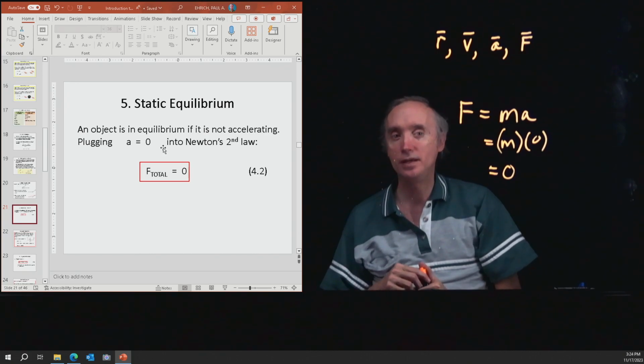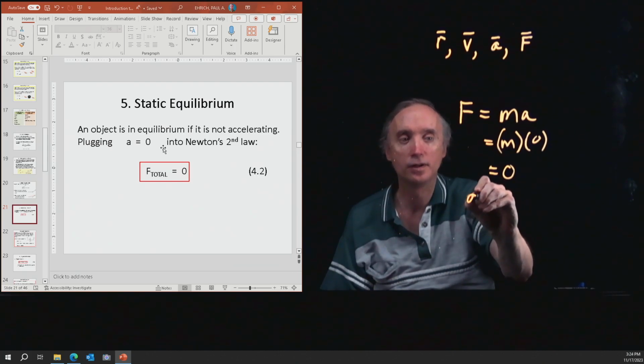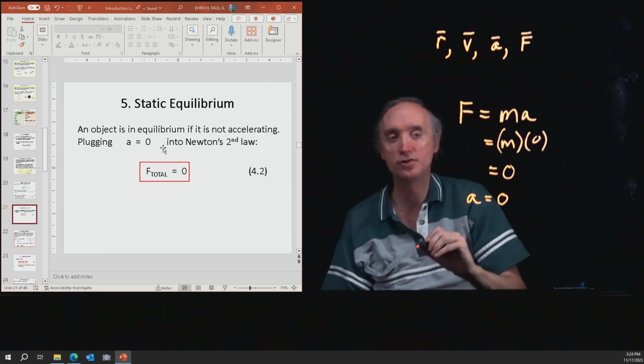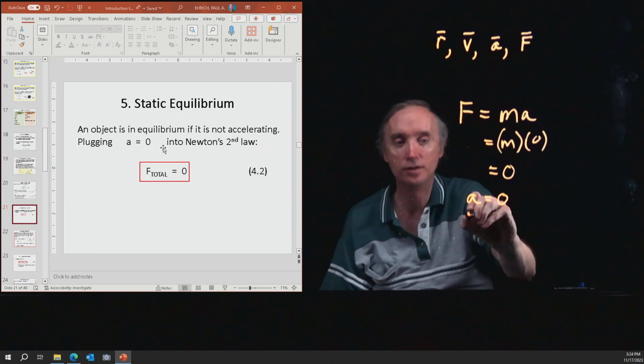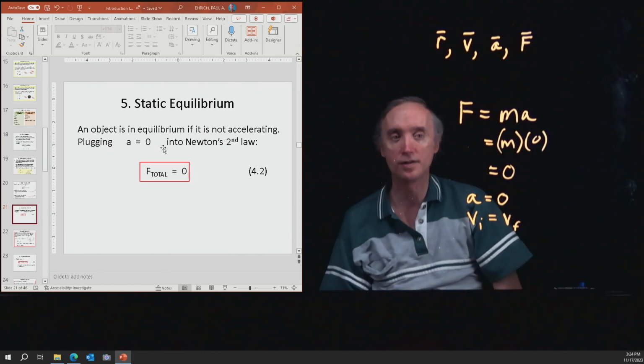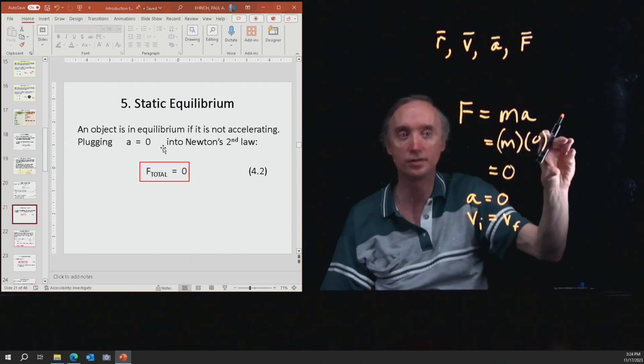Now, does that mean that it's sitting still? Not necessarily, because if a is equal to 0, what does that mean? It just means that your initial velocity is the same as your final velocity. It just means your velocity is constant.